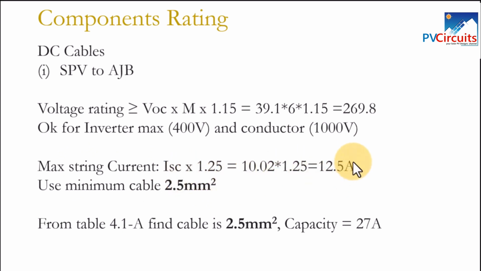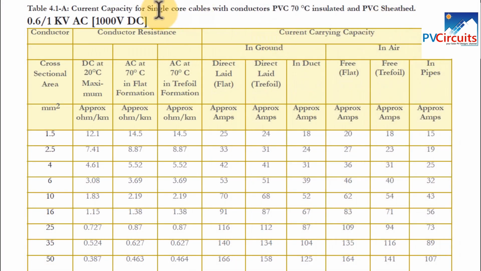We go to the table which gives the ampacity of cables to see the cables that have the capacity to carry this. Then we'll make our decision based on the information that we see. So this is table 4.1a. We shall be making reference to this table in subsequent calculations, and this table will be attached to the video page.